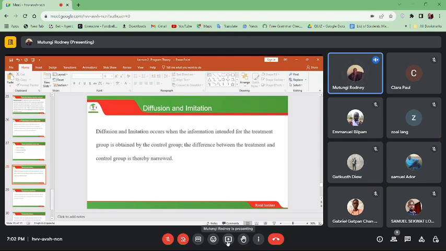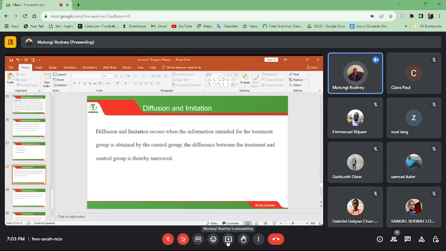So in our example, town X is the one receiving the treatment, which has been given the nutritious food to eliminate stunting. Then town Y hasn't received this nutritious food. So if information crosses over and the people of town Y also know that the people of town X are receiving nutritious food, there could always be a problem there, okay?